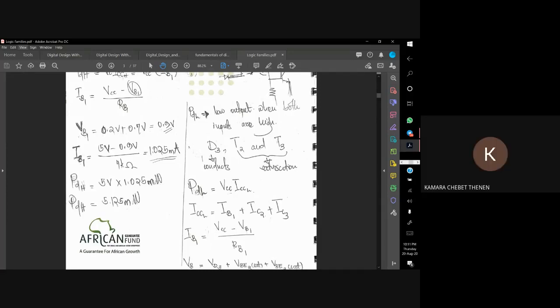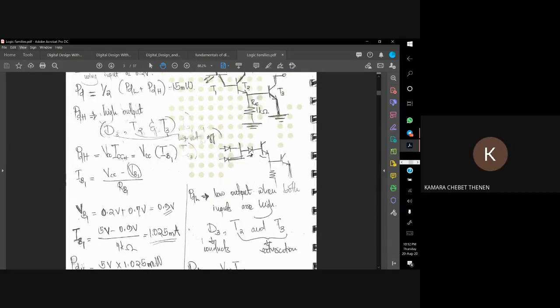Hapo kwa VB1, where does 0.2 come from? Oh, so the 0.2 volts, we are assuming because it's an input.